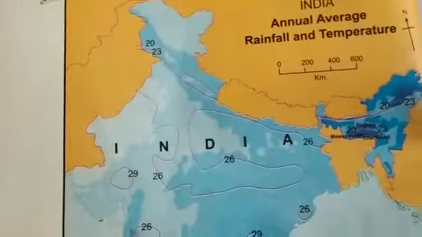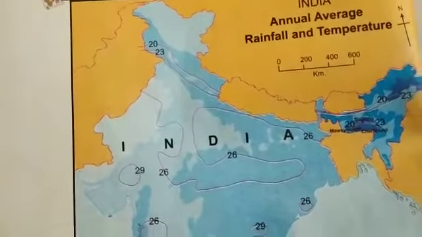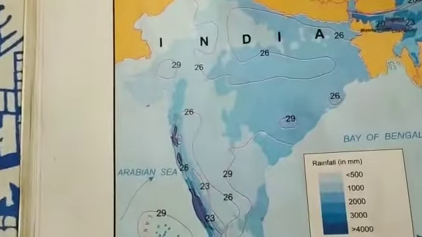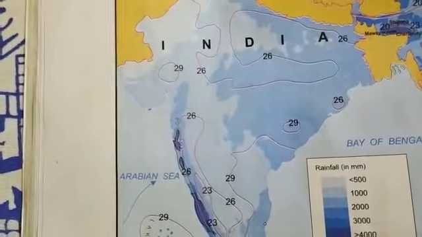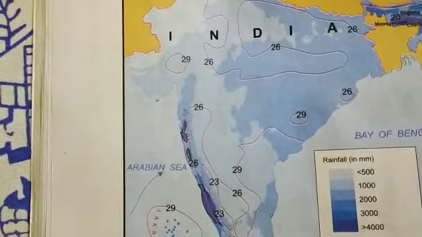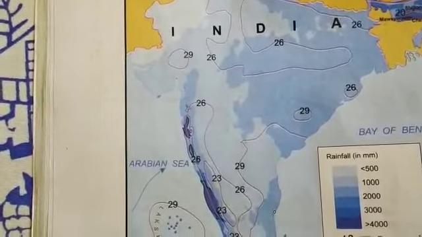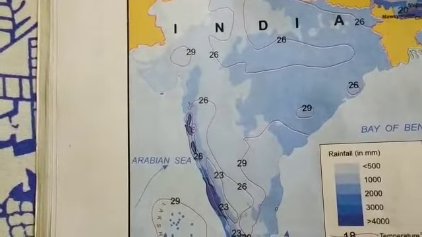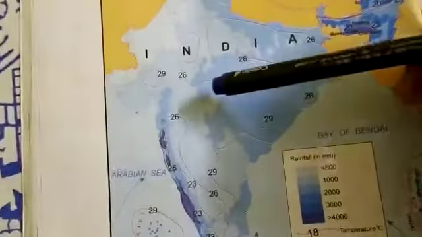In which part of the peninsular region are semi-arid climatic conditions found, and why? Semi-arid, let me tell you children, means partly dry and partly wet. The part of peninsular India which has semi-arid climatic conditions is the central part of the peninsula, consisting of central Maharashtra.